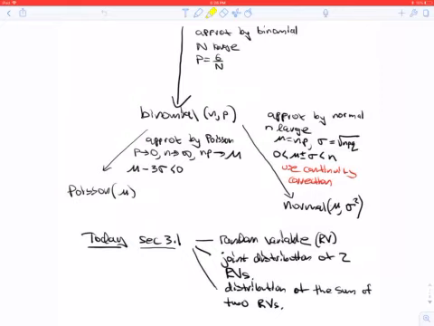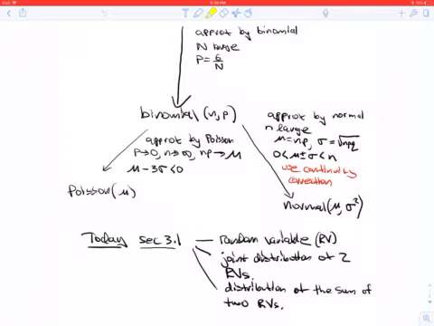This gives us Poisson, and it can also be approximated by the normal distribution, when n, your sample size, is large. That follows from the central limit theorem that we'll cover in Chapter 4. Mu is np and sigma is the square root of npq.